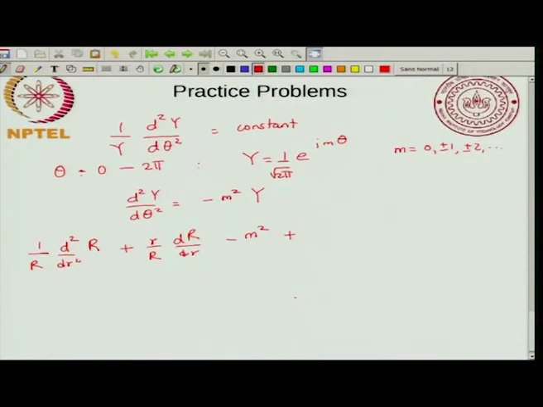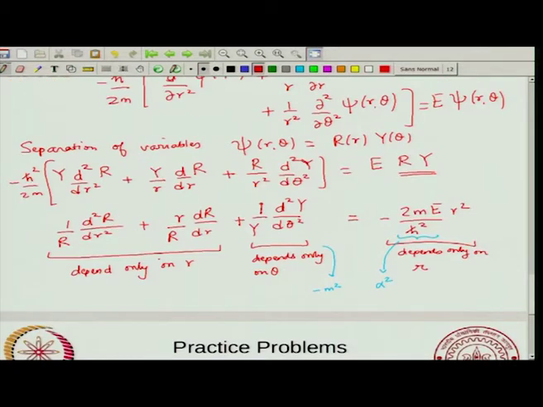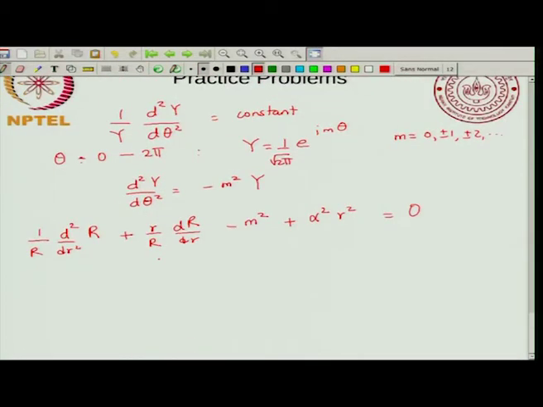So plus alpha square R equal to 0. So suppose I just multiply by r square, then what I'll get is r square d square R by dr square, plus r dR by dr, plus r square alpha square minus m square times R equal to 0.